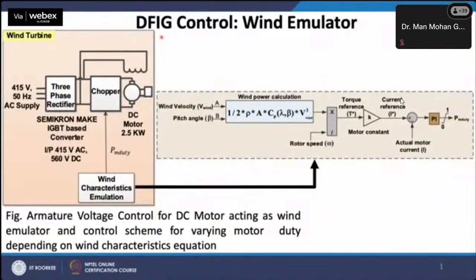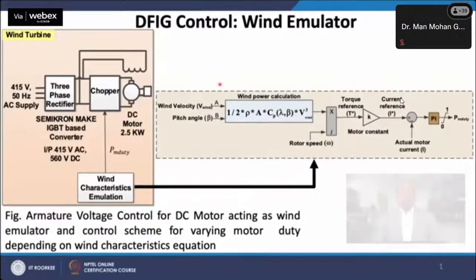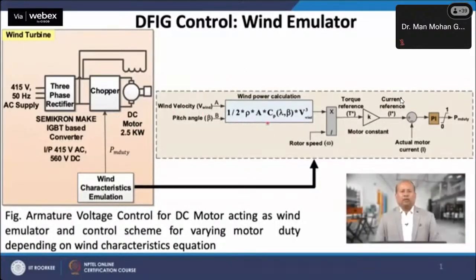Now, the DFIG control, the so-called wind emulator. It can be noticed that the wind power, which is half of rho A Cp V cube, in the control scheme is calculated by taking input wind velocity and pitch angle.